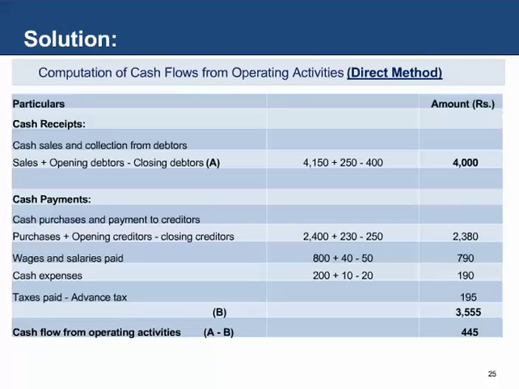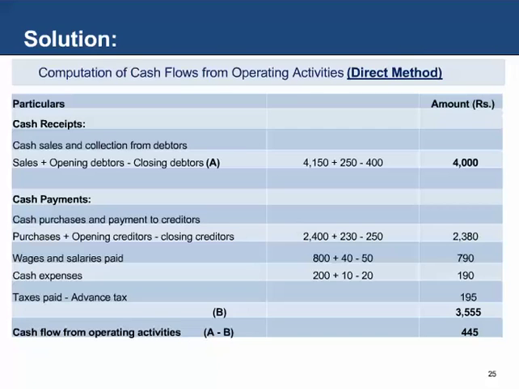So if we see the numbers, it is 4150 plus 250, which was the opening balance, minus 400 the closing balance. You arrive at 4000. Cash payments is cash purchases and payment to creditors, which is basically purchases plus opening creditors minus closing creditors, which is 2400 plus 230 minus 250, and you arrive at 2380.